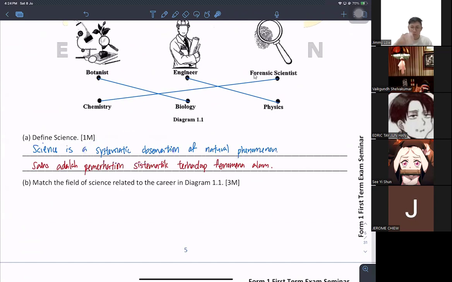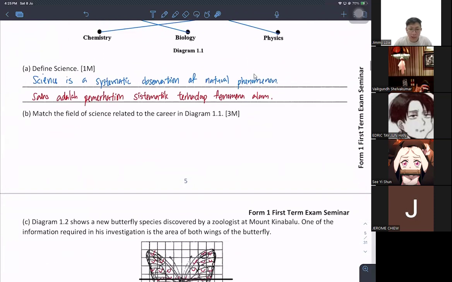What are you going to observe? We observe all the natural phenomena, all the things that happen in this world. All the scientific and chemical experiments are natural phenomena. So we use a system to observe them, systematic observation. This is what is called science.